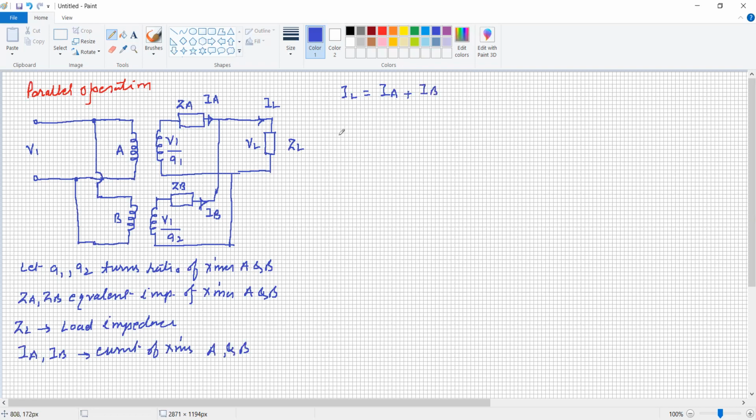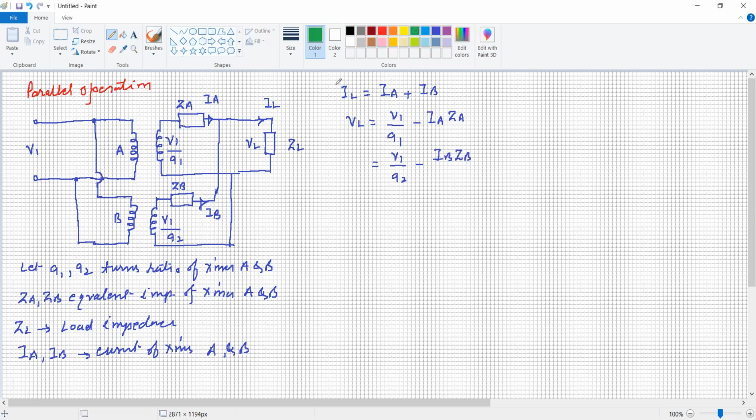Now, if you apply KVL in this loop, VL, the load voltage, is equal to V1 upon A1 minus IA ZA, and VL is also equal to V1 upon A2 minus IB ZB.